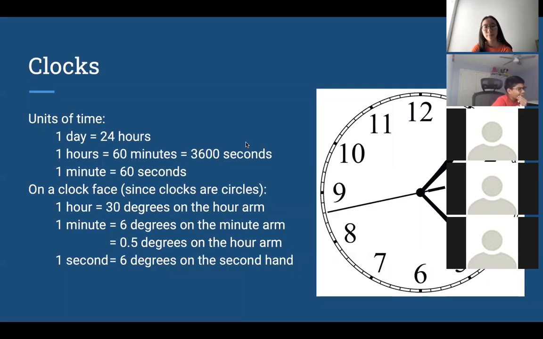I have a question. Yeah. Why does it equal 0.5 degrees on the hour hand for each minute? Okay, so the hour hand moves 30 degrees per hour, and there are 60 minutes in an hour. Let me set up a ratio to make this look better.